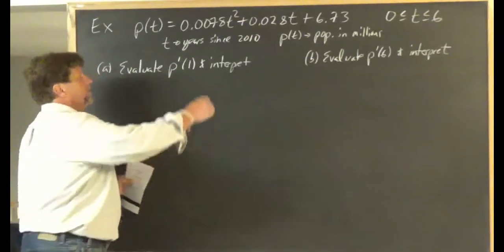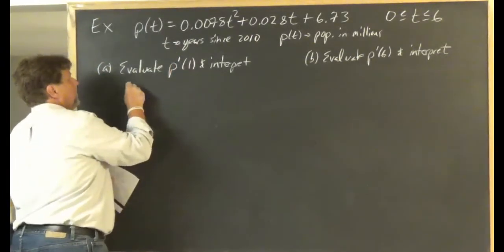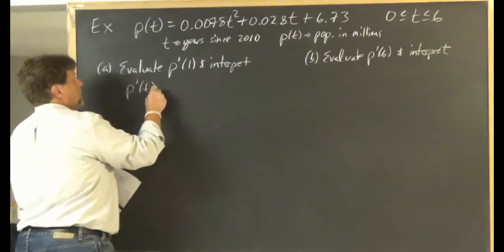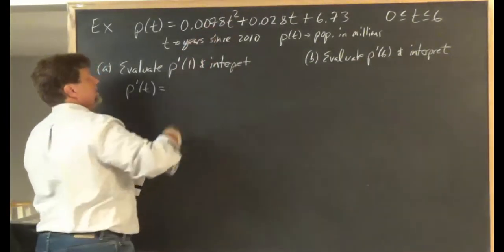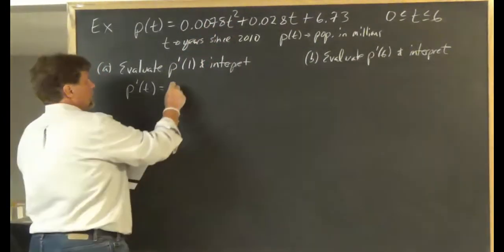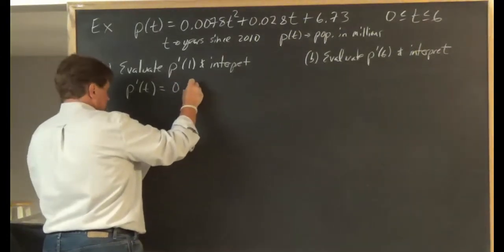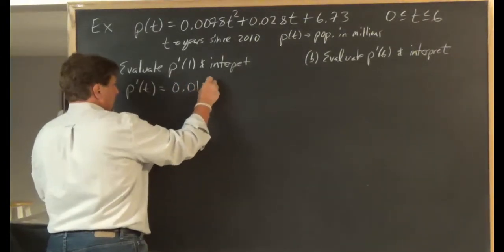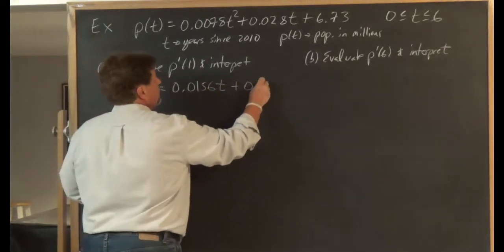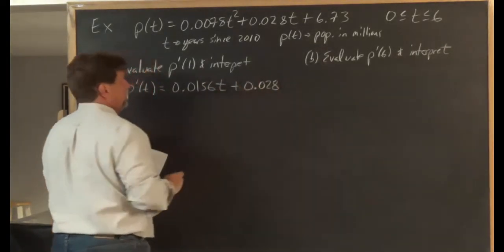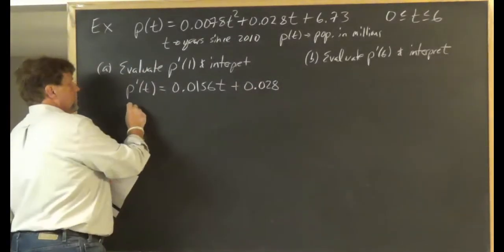We have to get the derivative of the population function. So p prime of t equals, let's see, 0.0078 times 2. That's 0.0156 t plus 0.028. So there's the derivative.